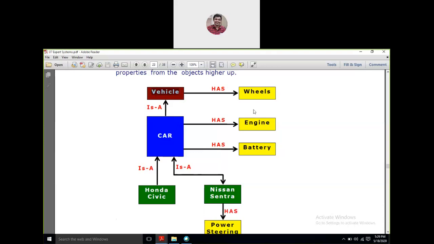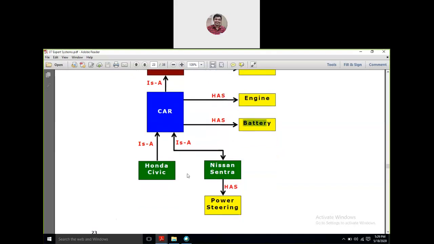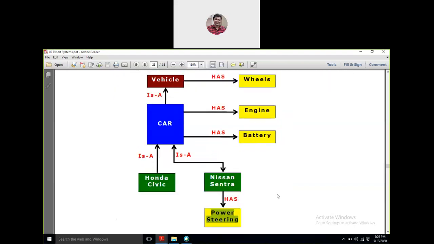They also have values associated with them. The vehicle has wheels, the car has an engine, they have the battery. We have gone through all these things. Exclusively for Nissan, we do have the power steering. So this is a basic semantic net representation of cars and their qualities.